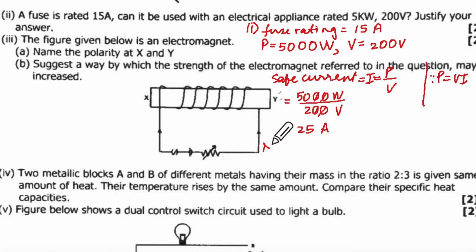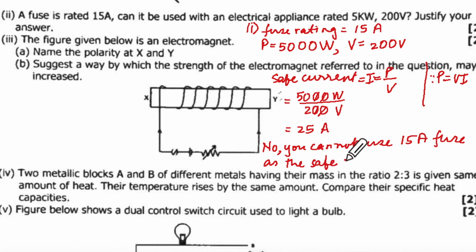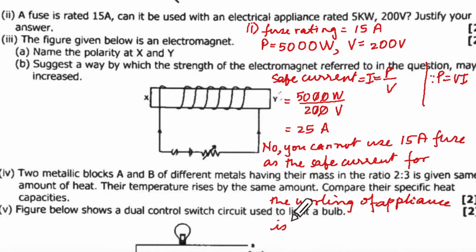That no, you cannot use 15 ampere fuse as the safe current for the working of appliance is 25 ampere, which is, put comma, which is more than 15 ampere.